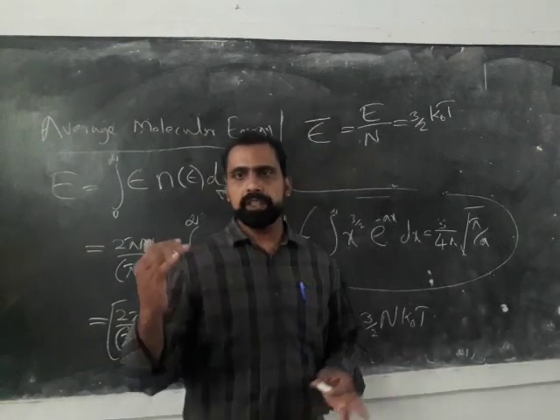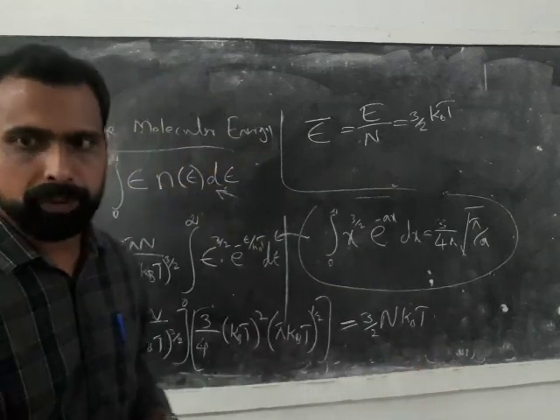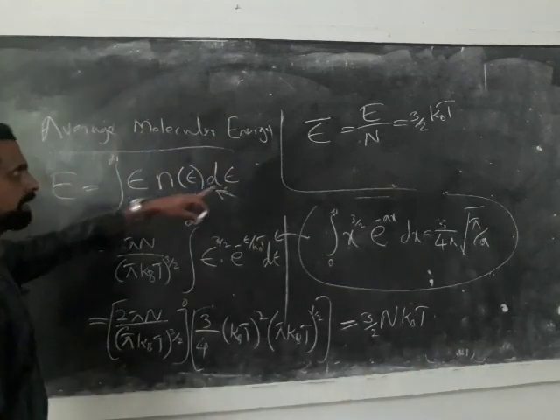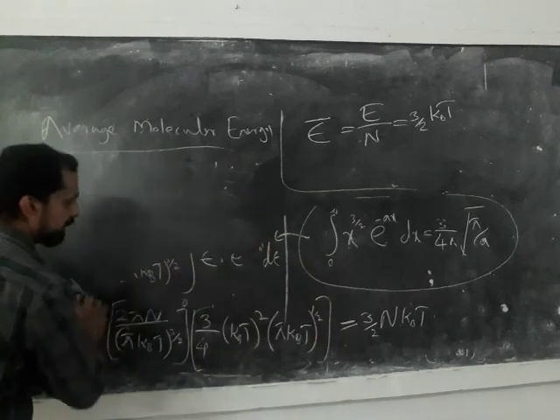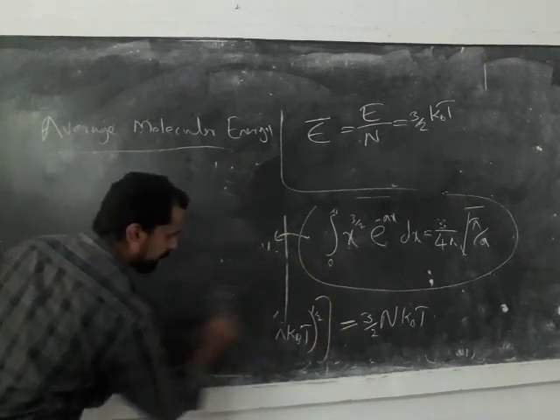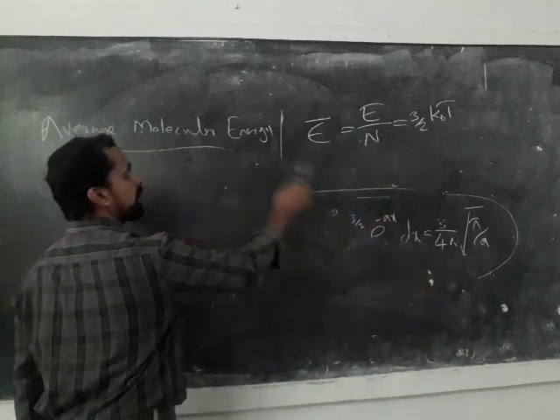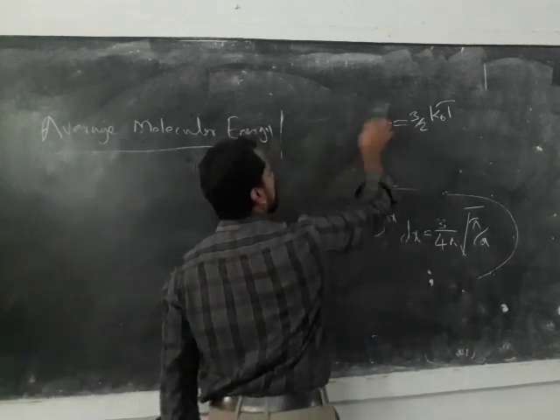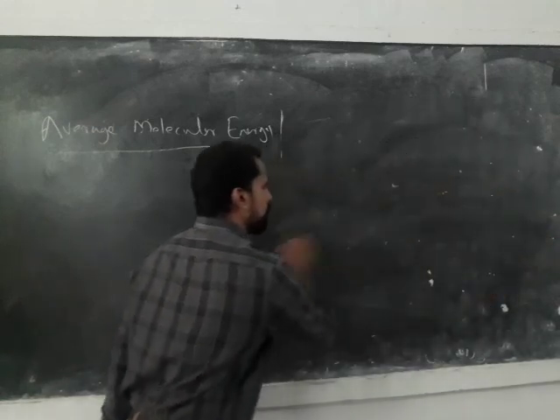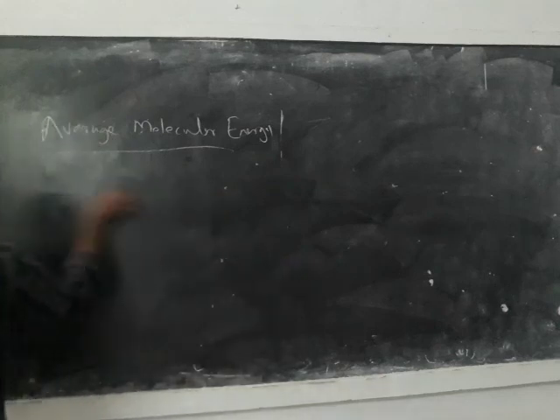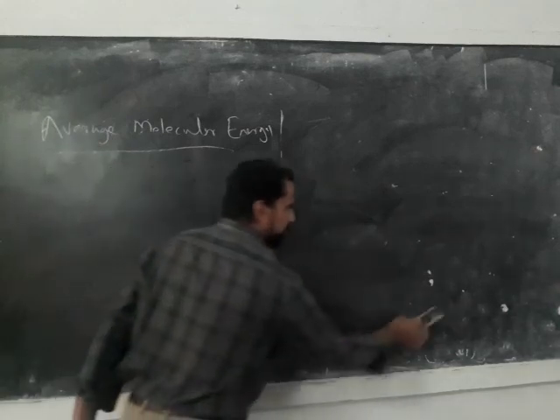Now we will go to the distribution of molecular speed. How will we get it? That also we will take from our energy distribution, n of epsilon d epsilon. You take your energy as the kinetic energy, half mv squared, and from that you will get the distribution of velocity for the molecules.